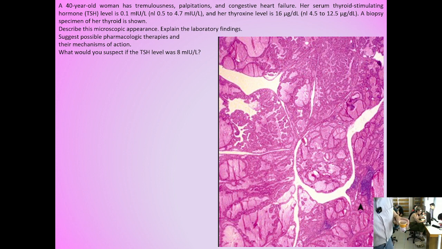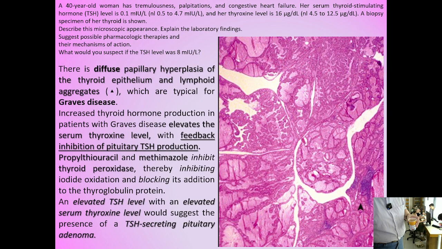So let's describe the histology. A diffuse papillary hyperplasia with lymphoid aggregates. Lymphoid aggregates are similar because this is an autoimmune inflammation, so the inflammatory exudate consists of lymphocytes. The same is true for Hashimoto's thyroiditis, which is the main cause of hypothyroidism.